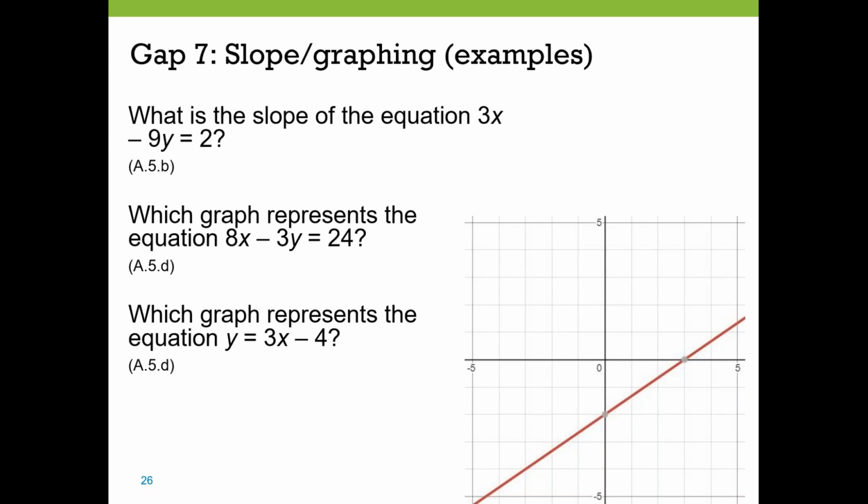For graphing, let's look at the two examples, the second and third examples. You can see they're basically the same, which graph represents the equation. The difference is the second example, 8x minus 3y equals 24, is written in standard form, while the last example is written in slope-intercept form.